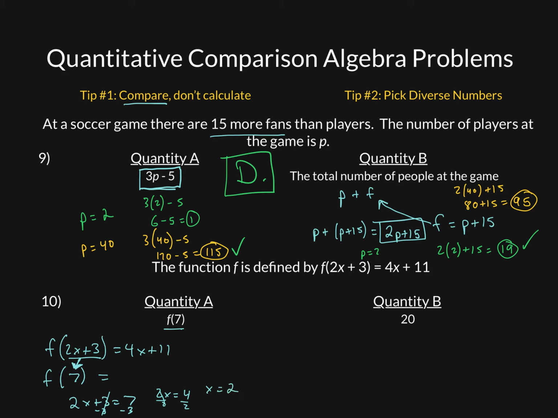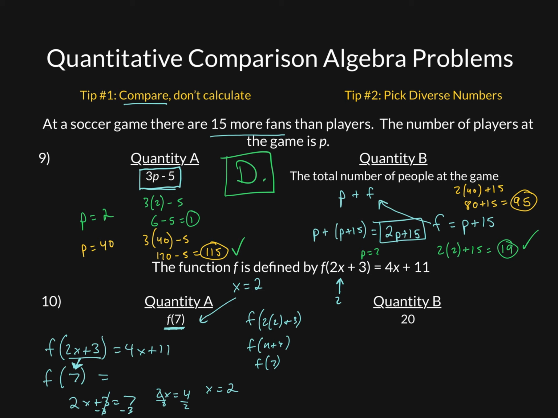So to get f of 7, we would need to plug in 2 into x, because that would give us f of 2 times 2 plus 3, which is just f of 4 plus 3, or f of 7. So if we plug in x where x is equal to 2, then we'll be able to get f of 7.